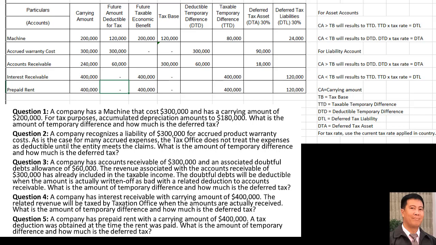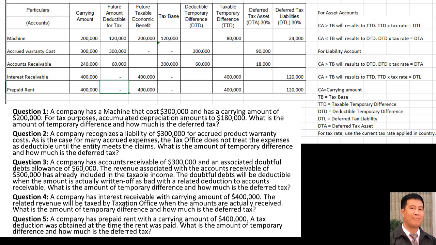Now, IRC said, yes, you recognize it as interest receivable, but you can only claim this as revenue when you actually receive the amount. So as per IRC's view, does interest receivable exist? Did they receive money?